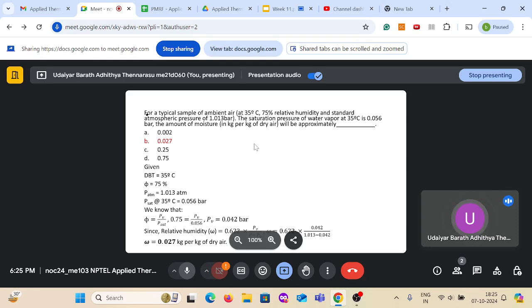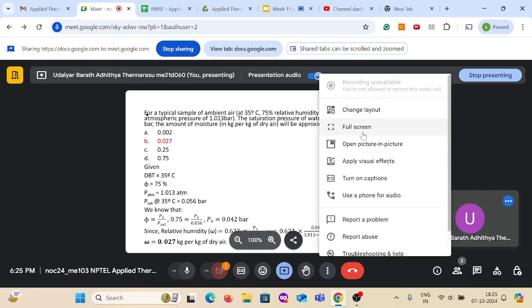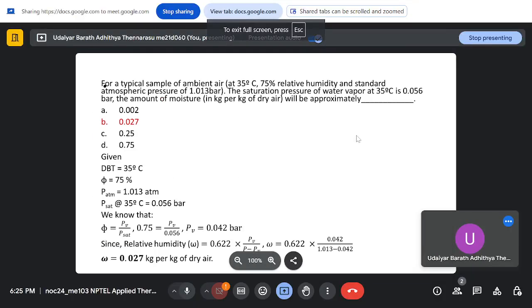So phi is the relative humidity, expressed as the vapor pressure of air, the current air condition, divided by the saturated vapor pressure. The saturated vapor pressure at 35 degrees Celsius is 0.056 bar, so the vapor pressure will come out to be 0.042 bar.